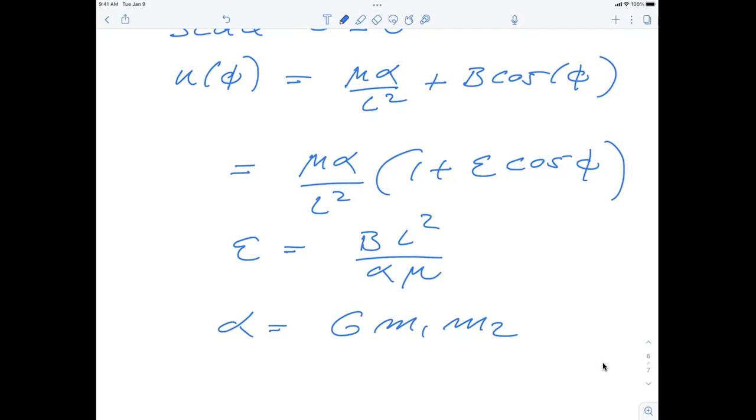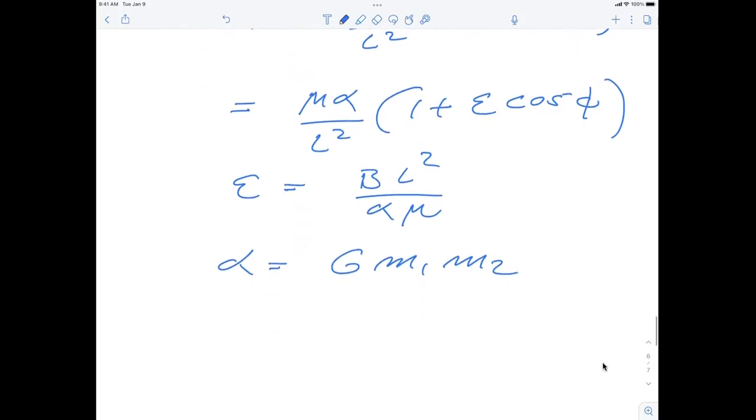So if we now continue a little bit, we can now rewrite this equation, and it's common. There are too many constants here, by the way. So it's common to rewrite everything in terms of a constant C, which is given by L squared divided by mu times alpha.